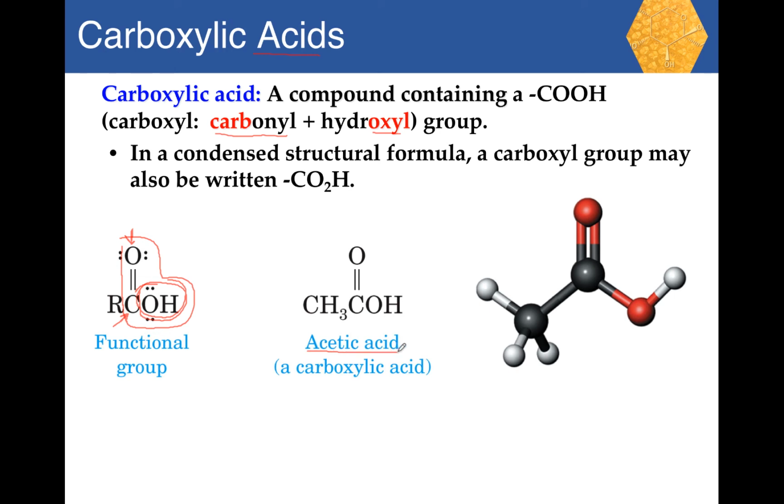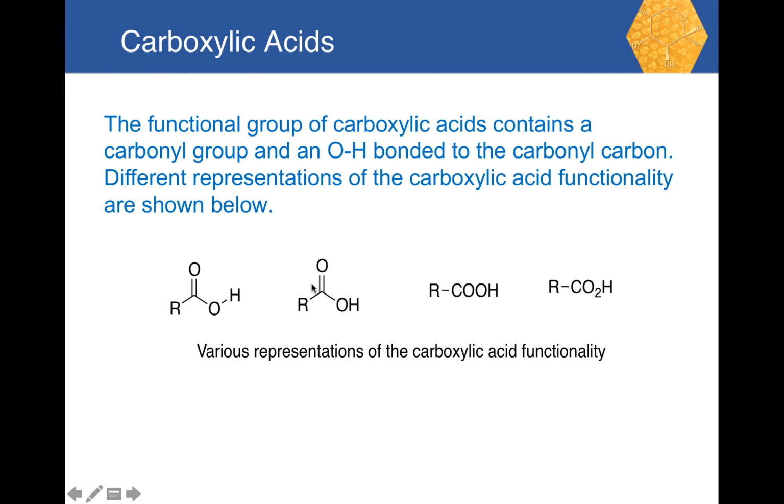Of course, as we know, that's a major ingredient in vinegar. So here we have the carbon oxygen double bond and an OH bonded to it. And here's the alkyl group. So that's a carboxylic acid. Let's look at another representation of this. So we have here the carbon oxygen double bond, and we have the OH group that's bonded to this carbon.